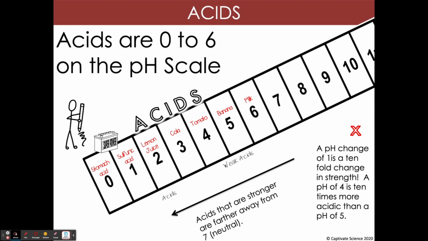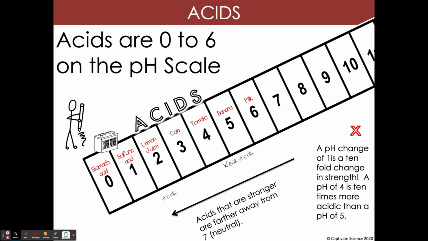All right, so here's the scale. This is on the left side of the scale that you have on your paper, and you can write in the examples for each one. So you can see at a 6, we have milk. A 5, you could write in banana. A 4 is a tomato. 3, cola. A 2, lemon juice.